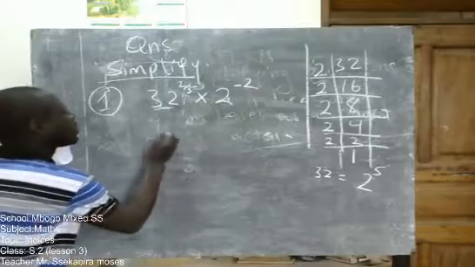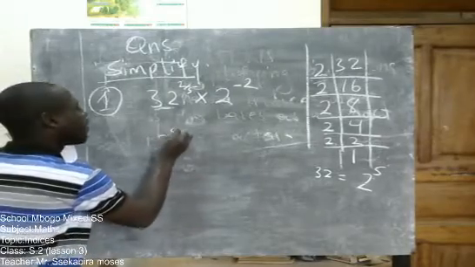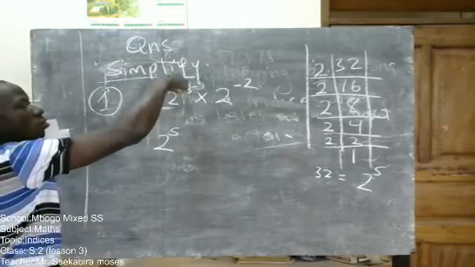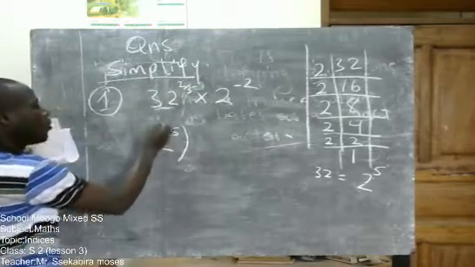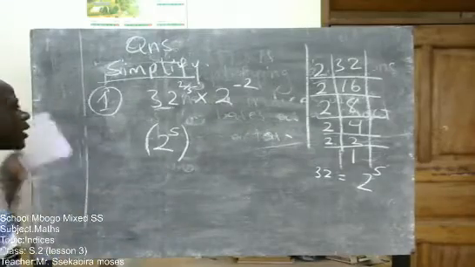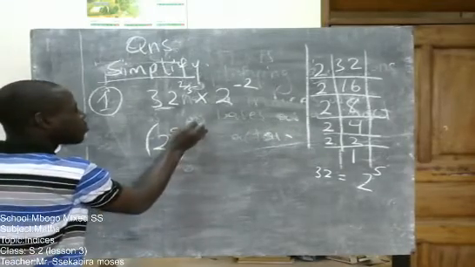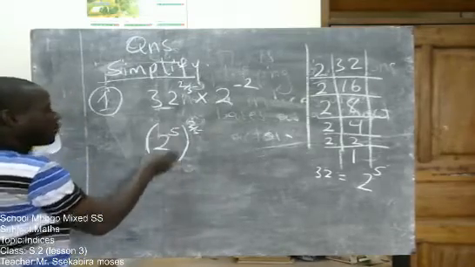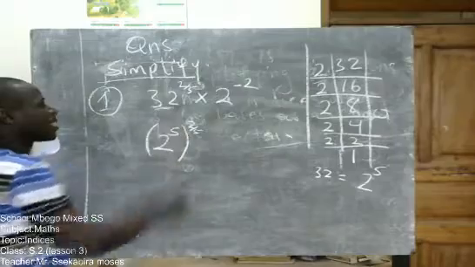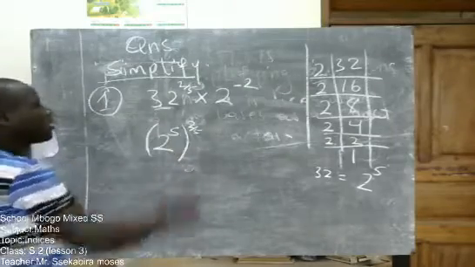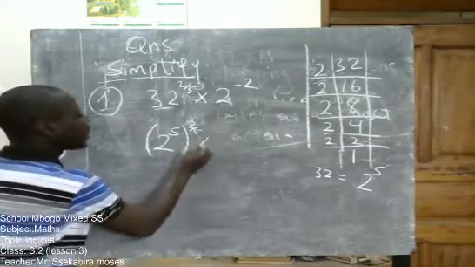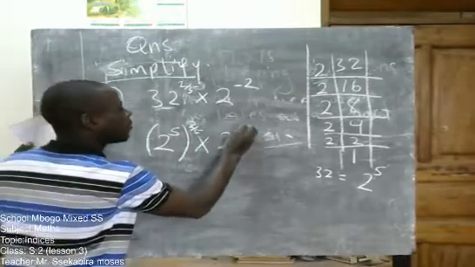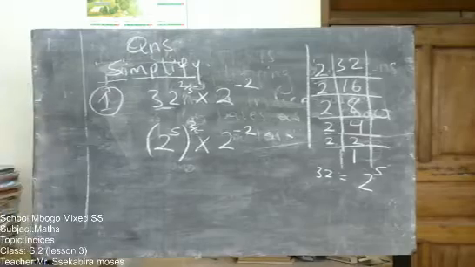But remember, 32 has its power as 2 over 5, so we introduce a bracket such that we have 2 to power 5 in the bracket, replacing 32, then to power 2 over 5, times 2 to power -2.